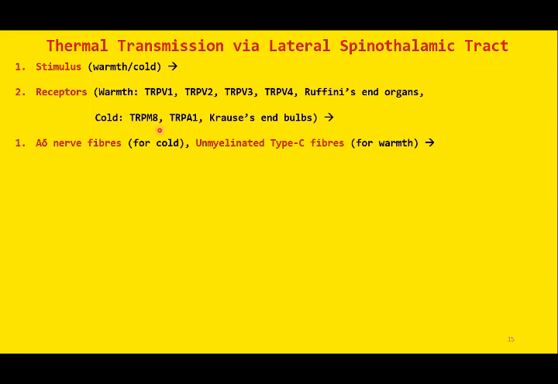Just like for fast pain and slow pain, we discussed in the neospinothalamic tract and paleospinothalamic tract that for fast pain we have A delta fibers, and for slow pain we have type C fibers. Same is the case for thermal sensation. For cold sensation, the same A delta fibers are responsible. And for warm sensation, the same type C unmyelinated nerve fibers are responsible.